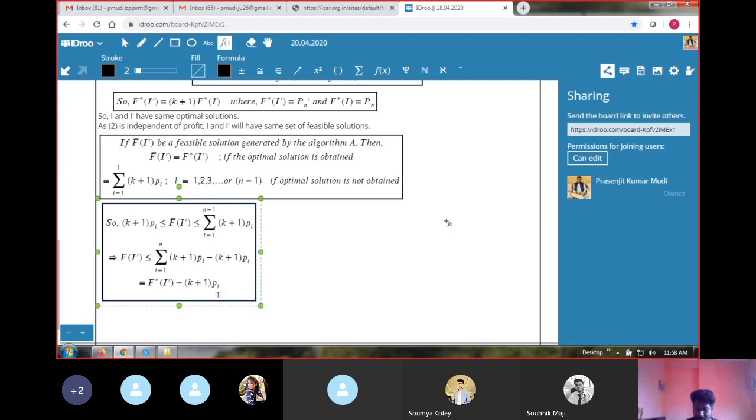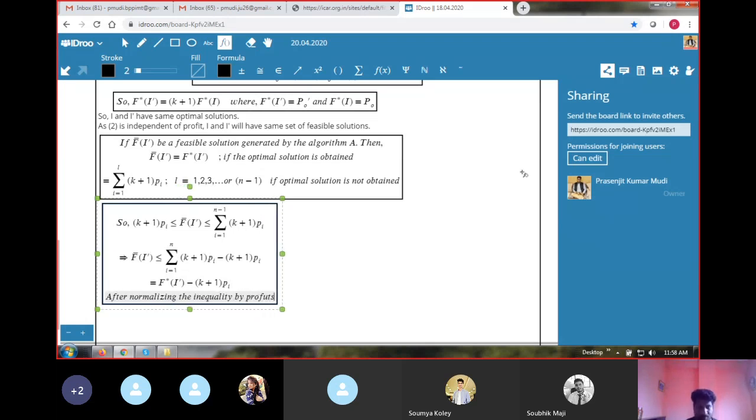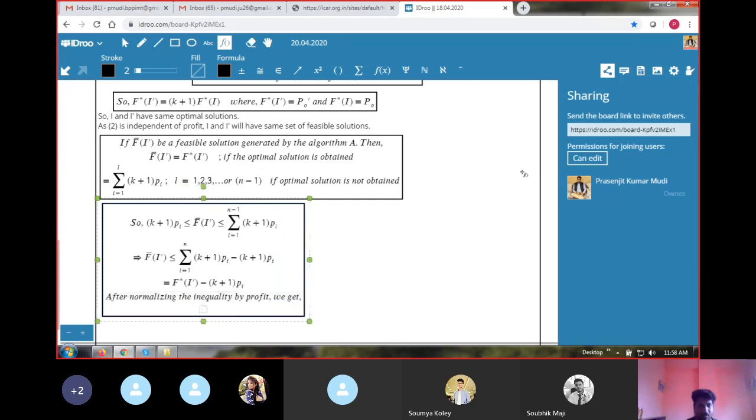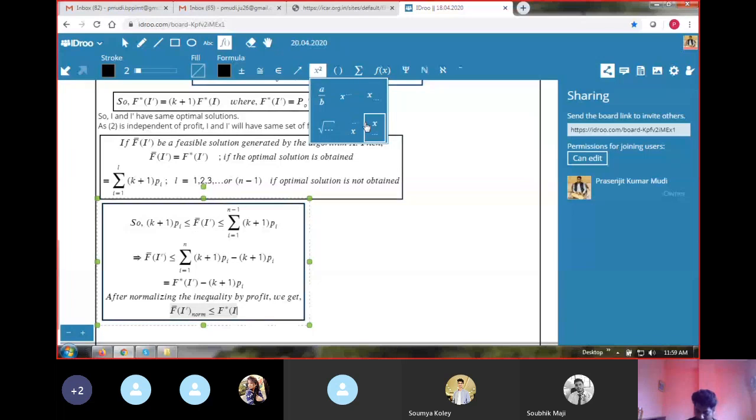Okay, so from here what we can say is normalizing the inequality by profit, what you get is f bar is less than or equal to f star.